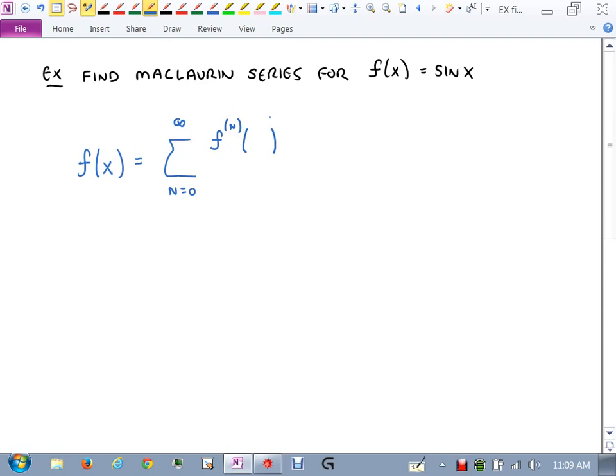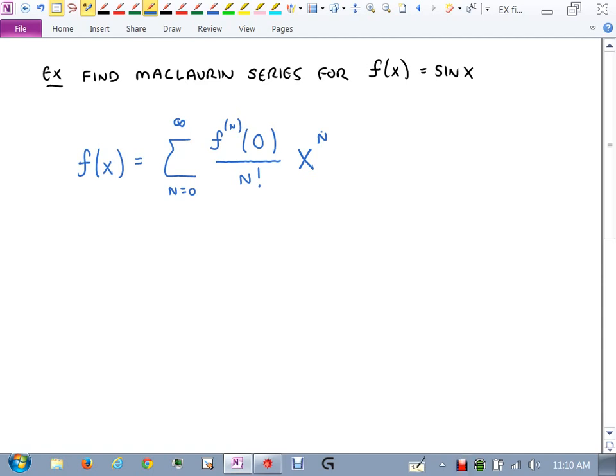The Taylor formula says that this should be a, but for us in this problem, a is 0 because that's what Maclaurin series means. So I'm going to replace it with 0, and then it would be over n factorial. That's always the case. And then normally it's x minus a to the n, but because a is 0, I just write x to the n. So that's our Maclaurin series, that's our formula for it.